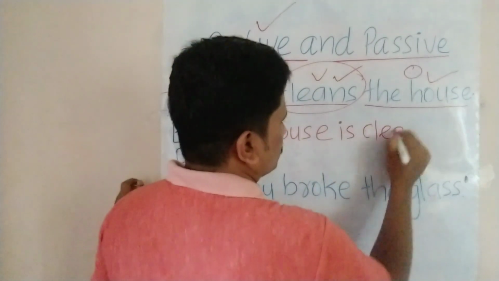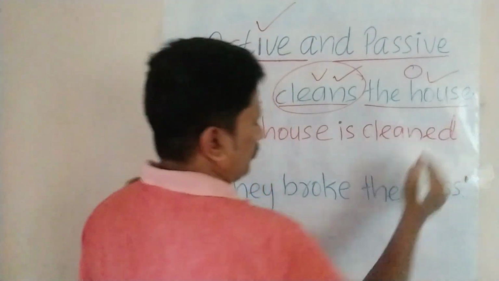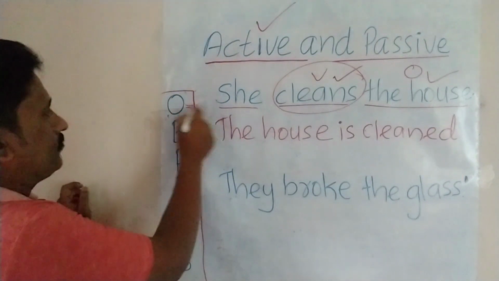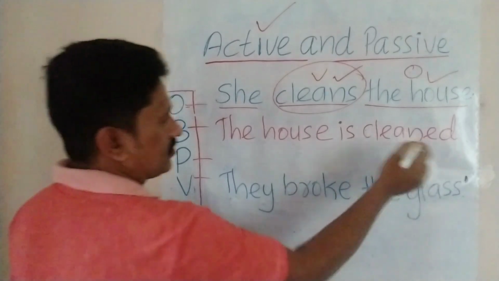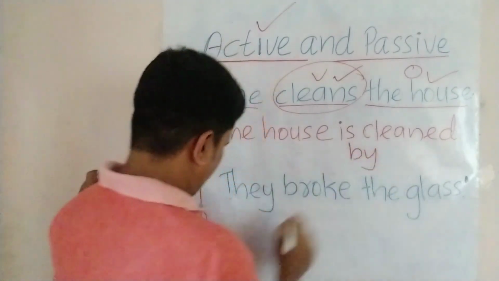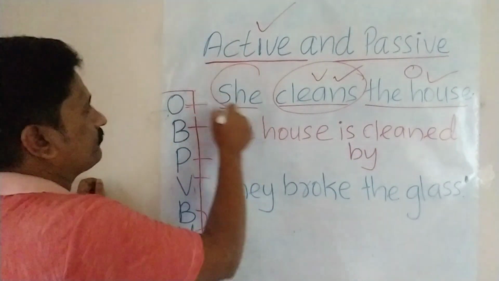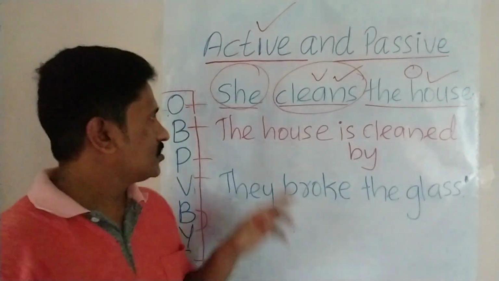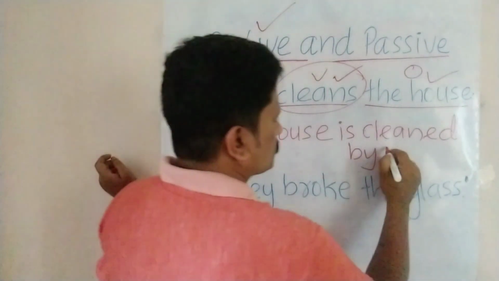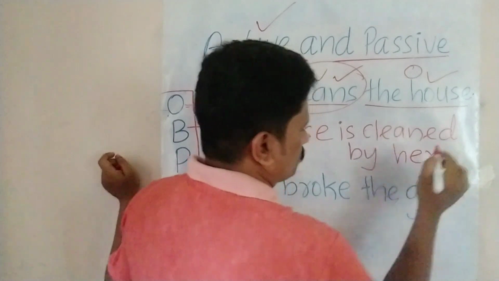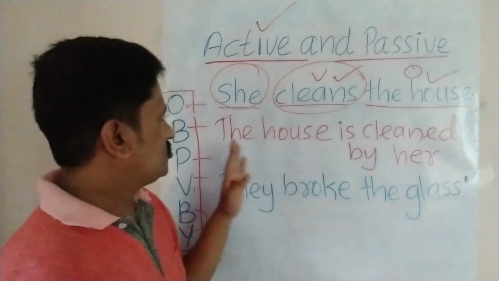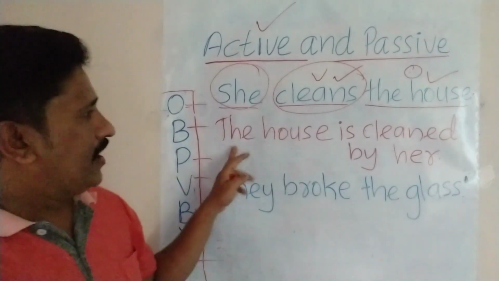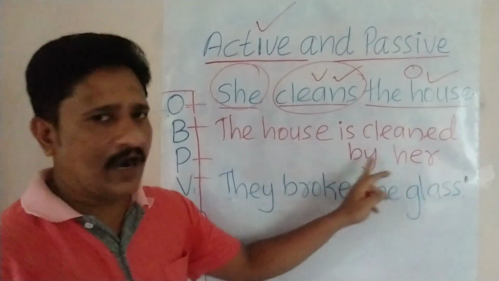So cleaned, the past participle form of the verb, and so object, be form, past participle of the verb, used by, cleaned by, and then the subject of the active voice sentence. The subject here is she, so I told you she will change into her. So "She cleans the house" is changed into passive as "The house is cleaned by her."